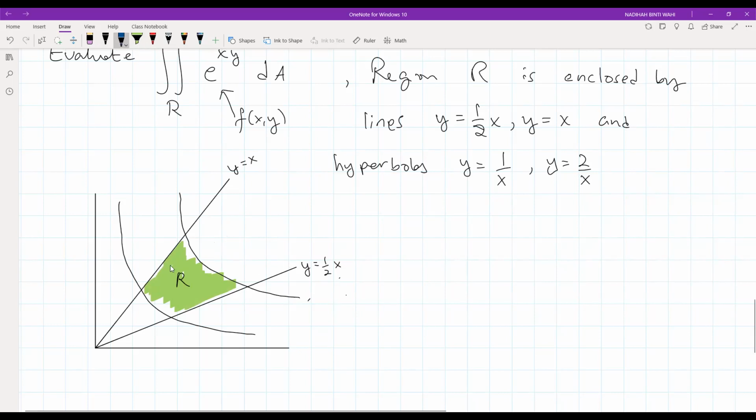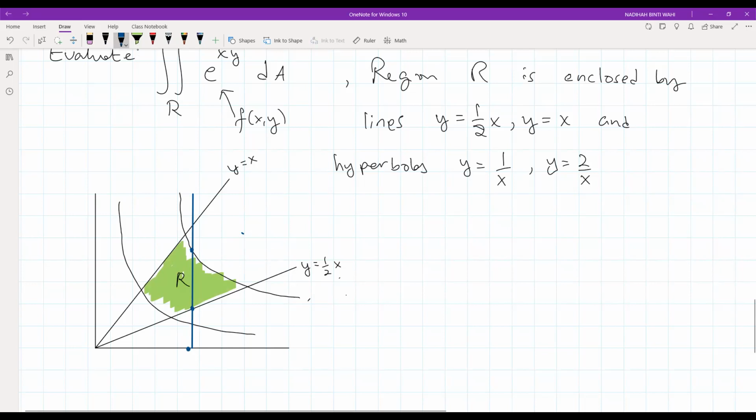If I pick one point in the x direction and run through the y direction, I go from this line and then exit on that line.